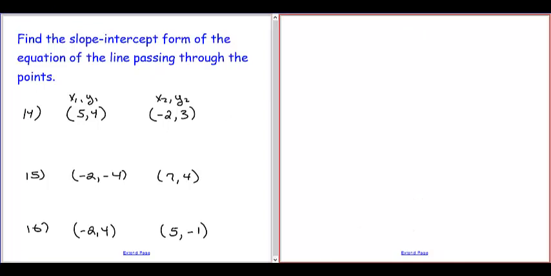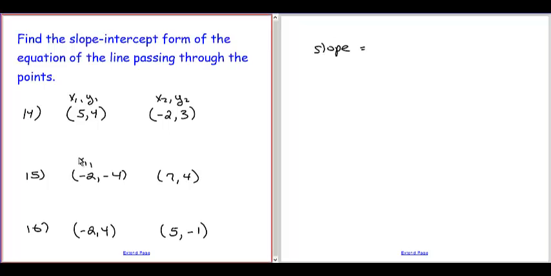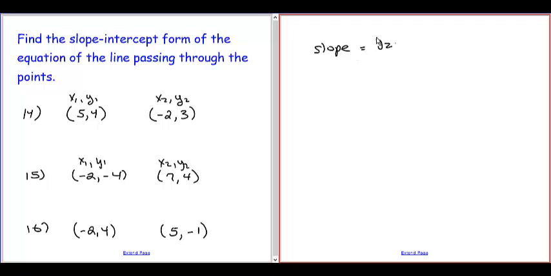Okay, next one. Calculate the slope. Let's write them in here: x1, y1, x2, y2. So y2 minus y1 over x2 minus x1. y2 is 4. y1 is negative 4. x2 is 7. x1 is negative 2.